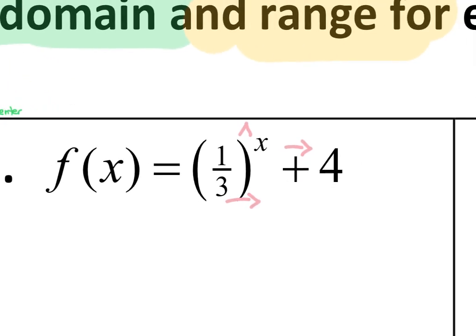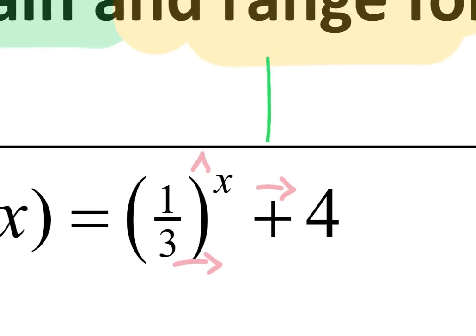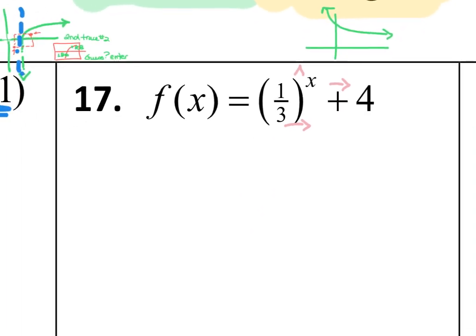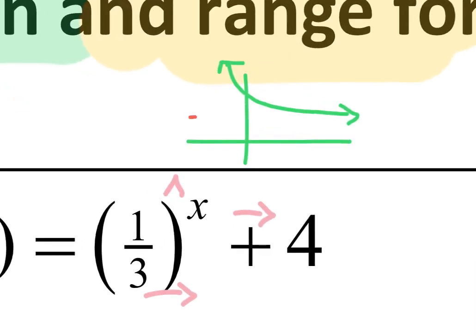What you should see in this graph is an exponential function that's decreasing and that has shifted up 4. Can you tell when you look at this graph that there's an asymptote here at y equals 4, and the graph is never going to go below that asymptote?